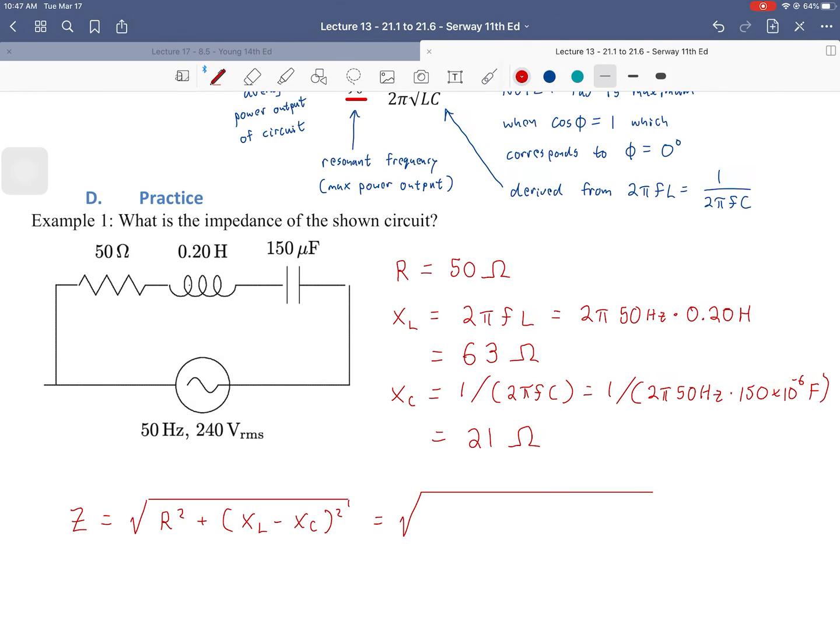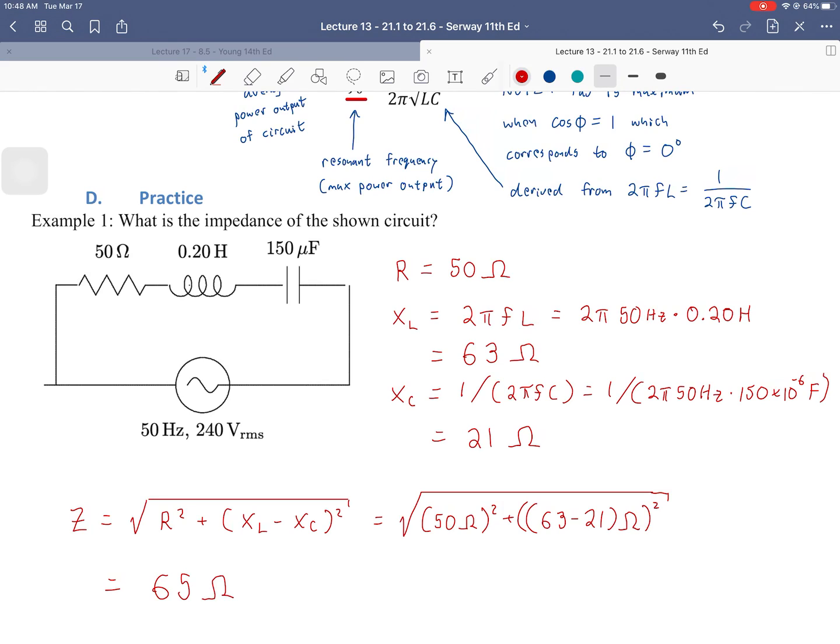We have our 50 ohms right here, and then our difference, 63 minus 21 ohms, squared. And there it is, the impedance of our RLC series circuit. Anytime I say RLC circuit, it's always going to be series. So 50 squared, and I'm taking my unrounded values from the calculator, putting them all in, and we end up with a total impedance of 65 ohms.